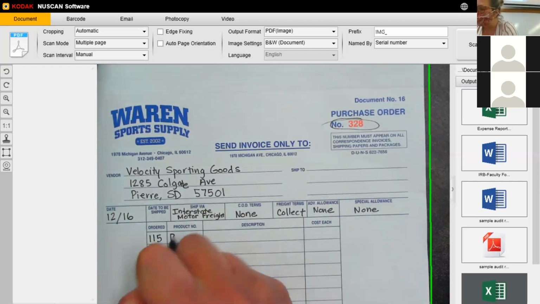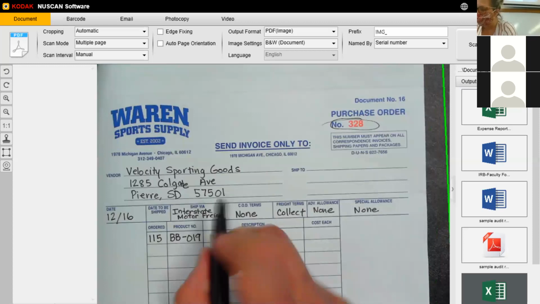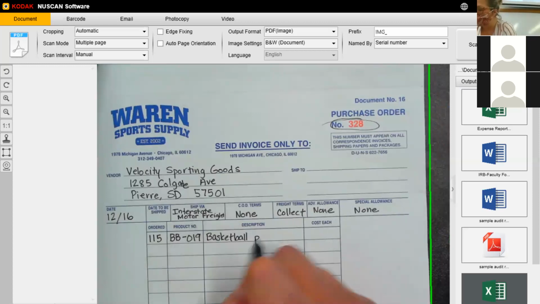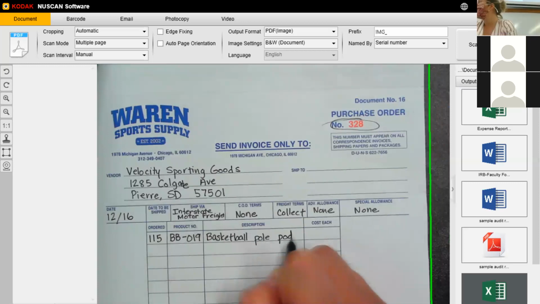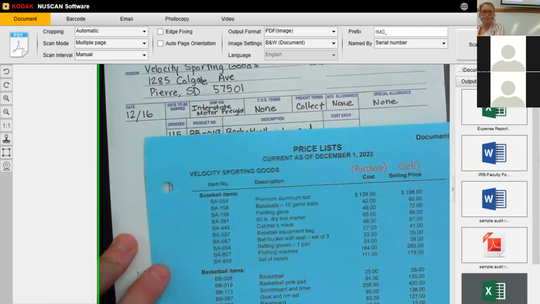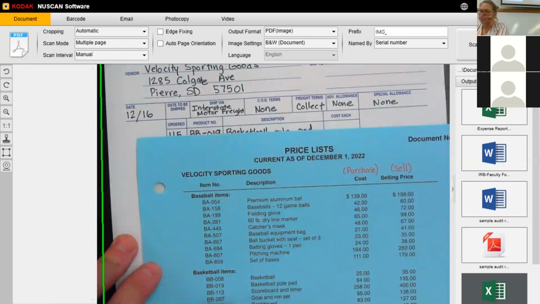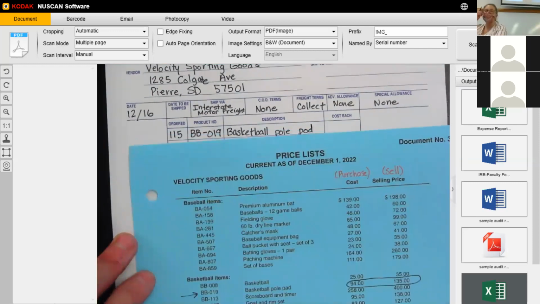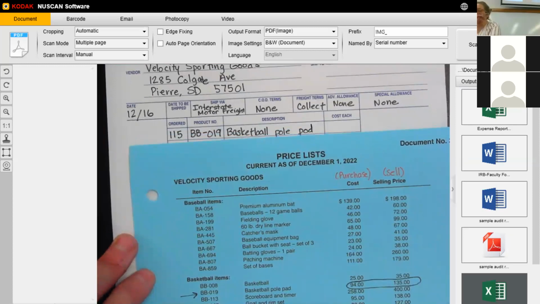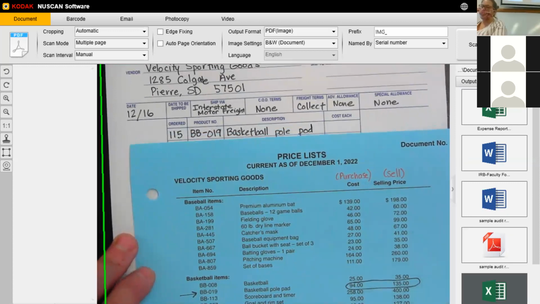115, B019. We are purchasing 115 of these basketball pole pads. This is the rate we would use if this were an invoice we were preparing, but this is the rate we're using for what we're buying at wholesale.